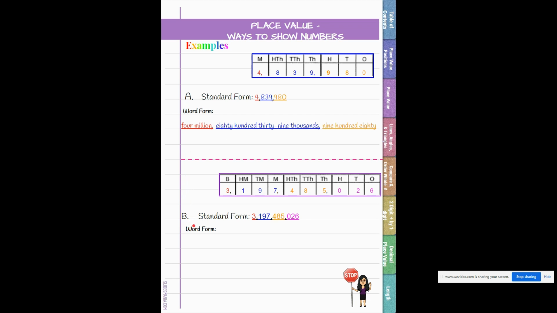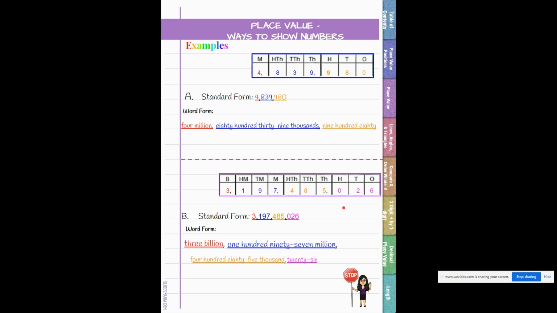On example B, you're going to the billions place. So here you begin by writing 3 billion, 197 million, 485,026.